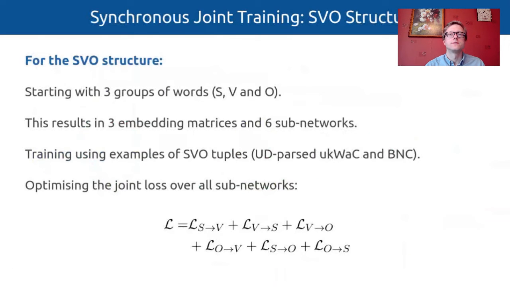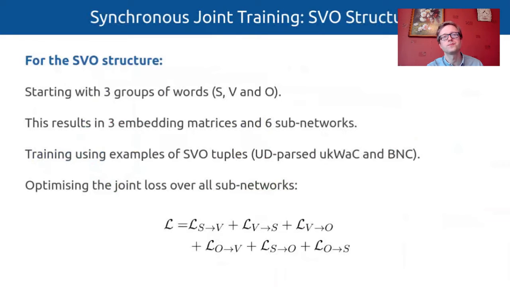The idea of function-specific representations is very general, and we can apply it to many different structures. But in this case, we're focusing on the subject-verb-object relation. That means we start off with 3 different groups of words and 3 embedding matrices, one for each of these groups. And we also have 6 subnetworks because there are 6 possible directed connections between these 3 groups.